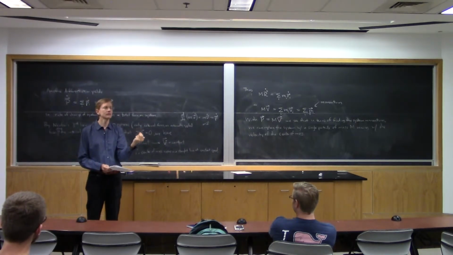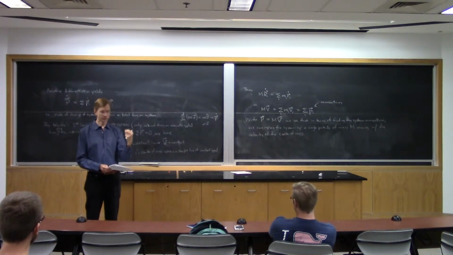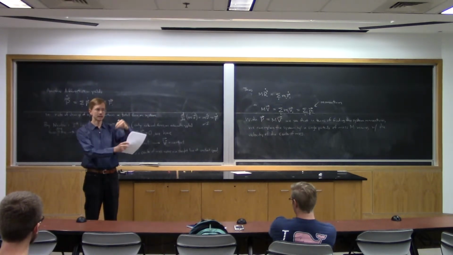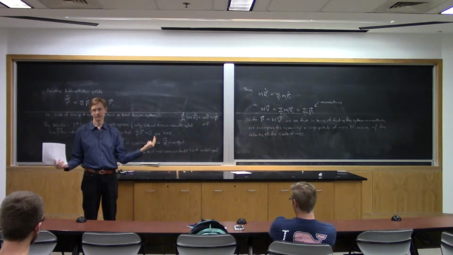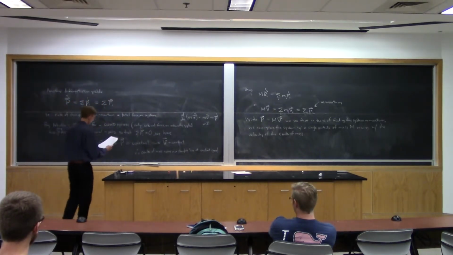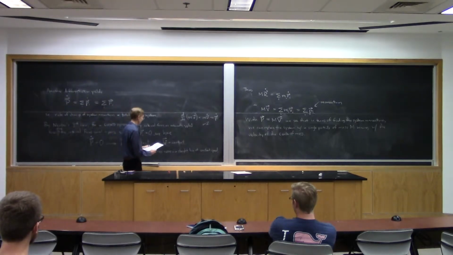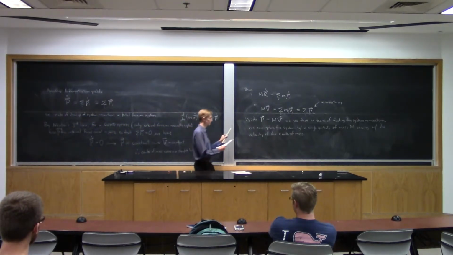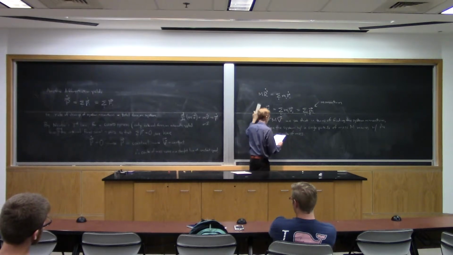In other words, we're always free to use the center of mass frame, which is moving along with the center of mass. In that frame, the center of mass is just sitting there, and the two bodies are orbiting the center of mass. That's what all this allows us to conclude: we're always free to just choose the center of mass frame. We can ride along on the center of mass.